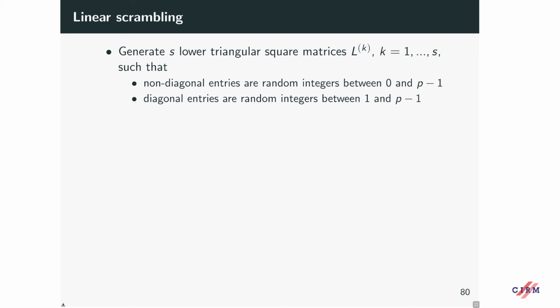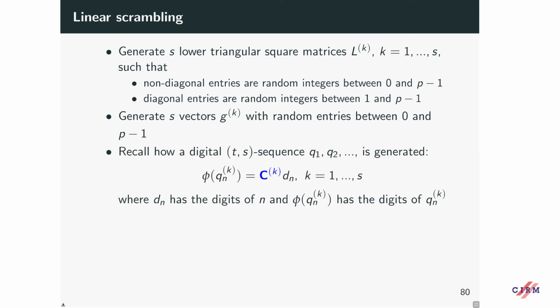Diagonal entries are random integers between 1 and p-1. So you cannot have 0 on the diagonal. Generate s vectors, g superscript k, with entries between 0 and p-1.